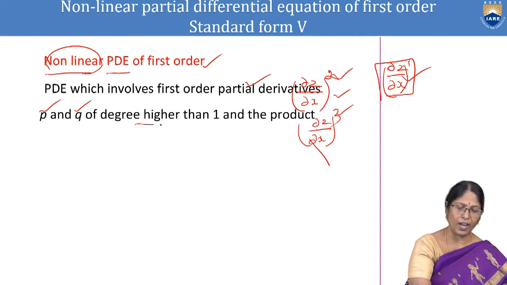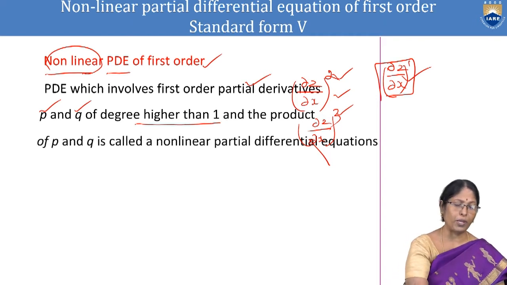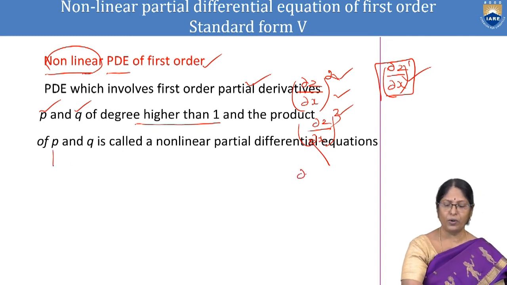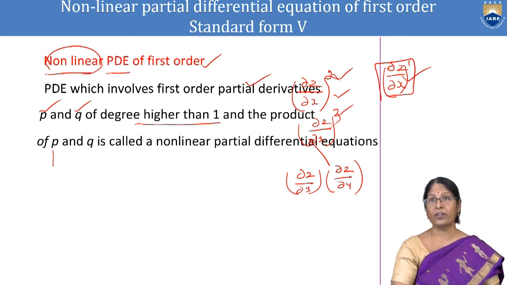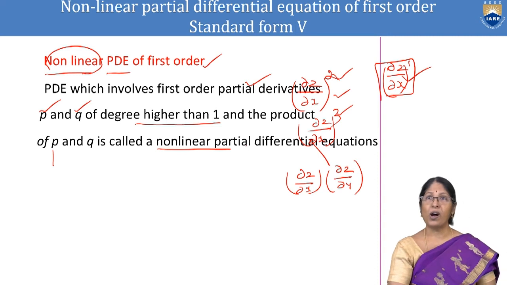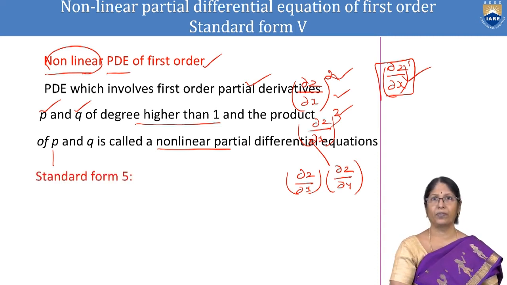So the degree higher than 1, and the product of p and q, where p is dou z by dou x and q is dou z by dou y, also are called non-linear partial differential equations.